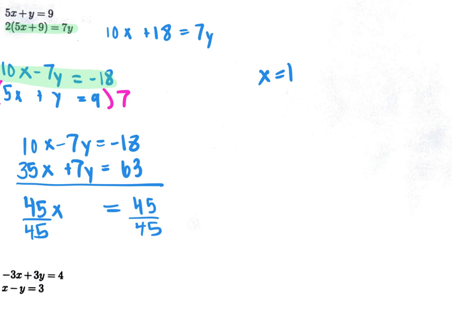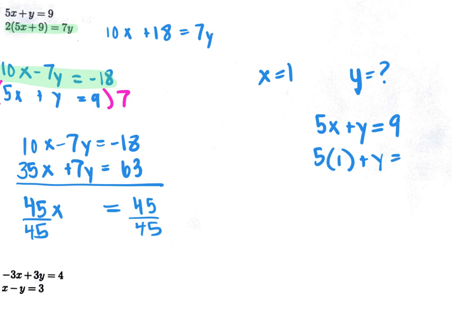And we're not quite done. There's one more thing. If we have our x, we need to figure out our y. We can use either equation we want to find our y. So I'm just going to use the one with the 5x plus y equals 9. And my x is 1. So I'm going to plug that in. And then subtract the 5 over. 9 minus 5 is 4.